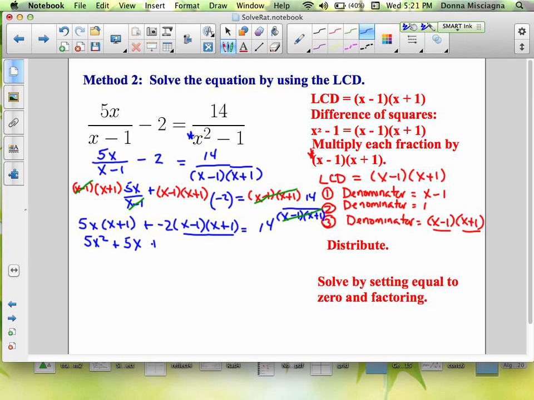So I'm okay if we write plus negative 2 times x squared minus 1, because we know that's what we're going to get if we multiply out x minus 1 times x plus 1. And then we have an equals 14.